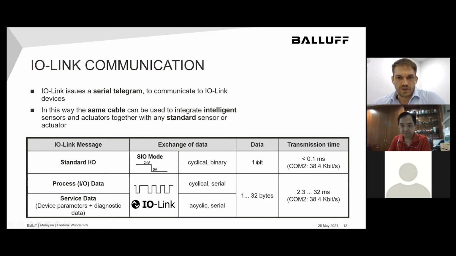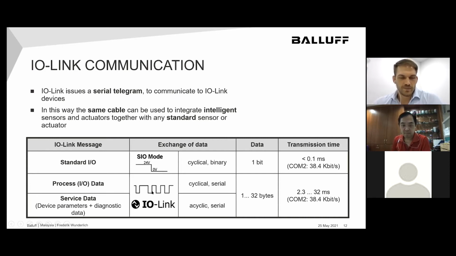This standard signal is still included in IO-Link, it's also covered. But with IO-Link, as I mentioned, we have a serial telegram, so you can see here the signal with a serial communication looks, for example, like this.